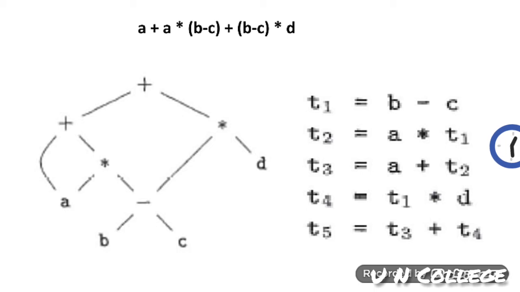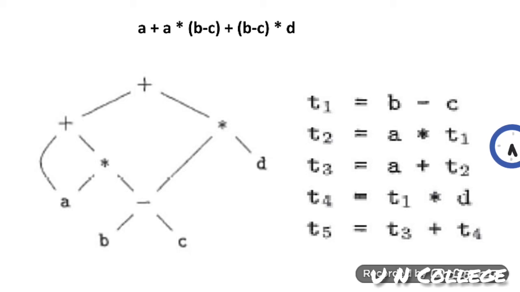How? First we will construct the three address code. T1 equal to B minus C, T2 equal to A into T1, then T3 equal to A plus T2, T4 equal to T1 into D, T5 equal to T3 plus T4. Here you can see that we have used T1 equal to B minus C at the first step.